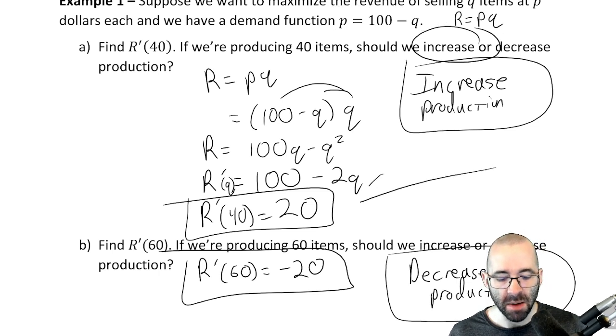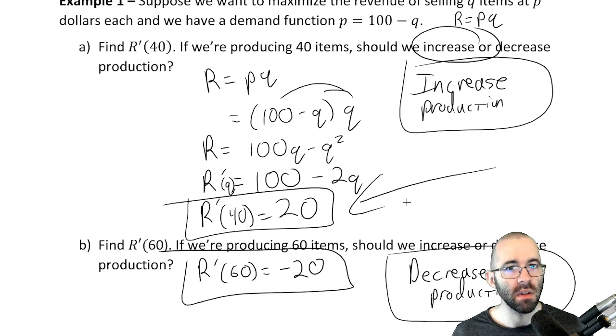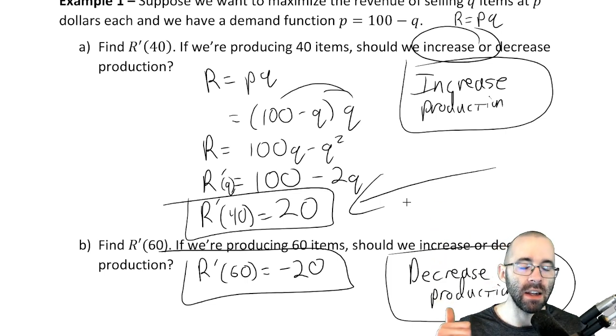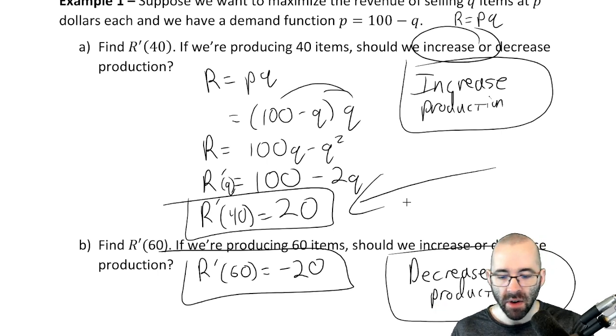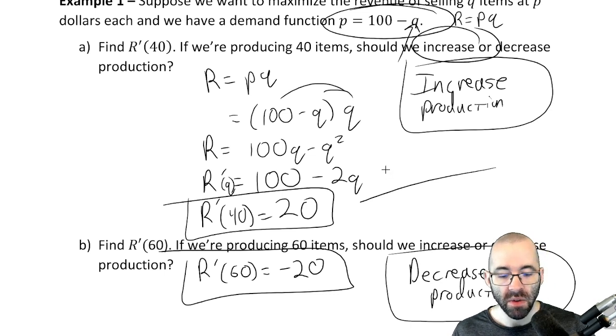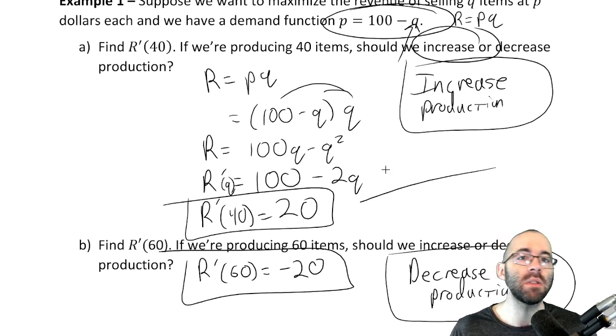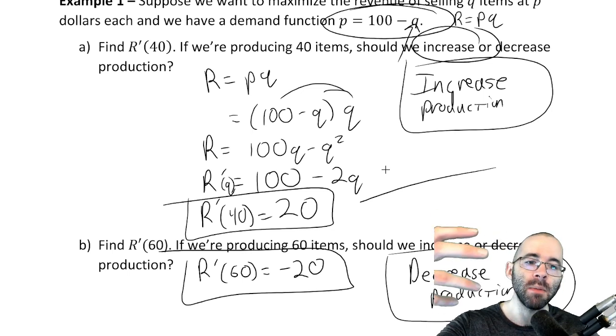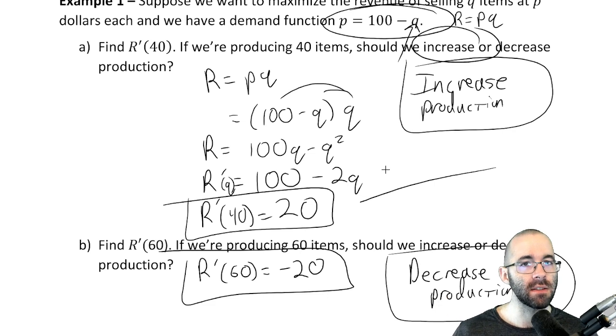So sometimes the increase in quantity is worth the decrease in price, right? Look at this demand equation. This demand equation says that if we want to sell more items, if Q is bigger, this is aligned with a negative slope. If Q is bigger, P has to be smaller. If we want to sell more items, we have to charge less.